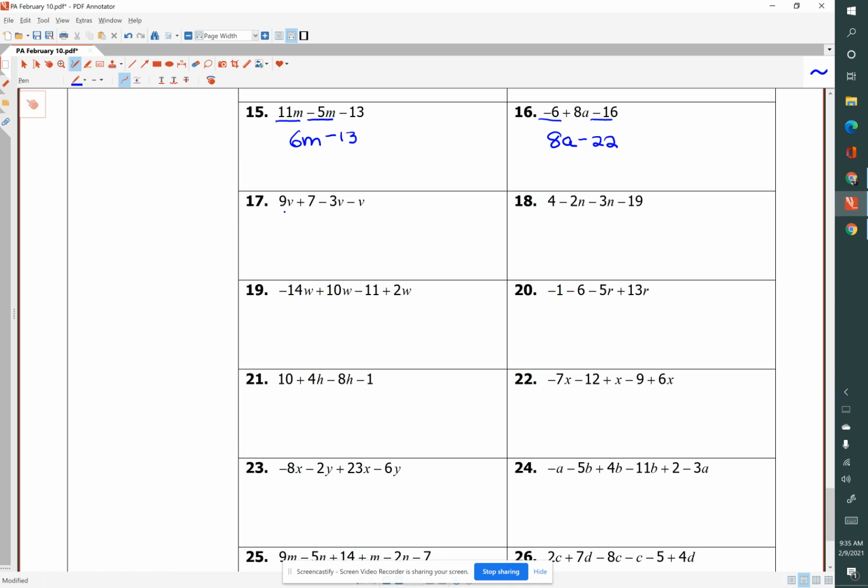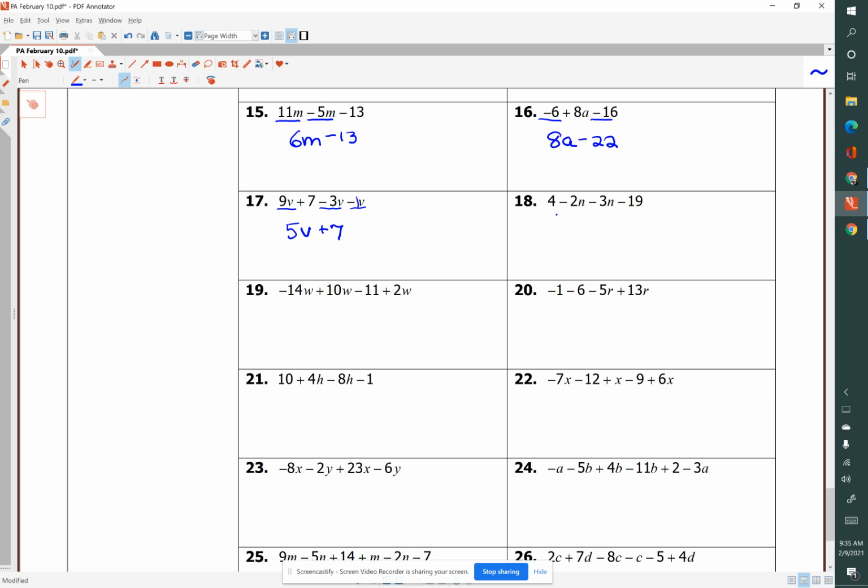Number 17, 9v plus 7 minus 3v minus v, and that's an invisible 1. We have an invisible 1 right there. So we can combine 9v minus 3v, which is 6v, minus 1 more v, which is 5v, and then we have our constant plus 7.